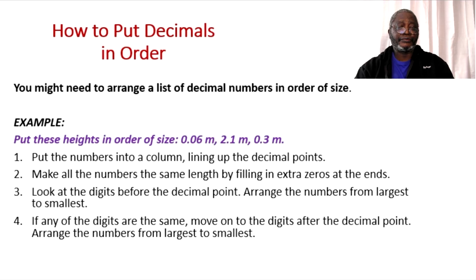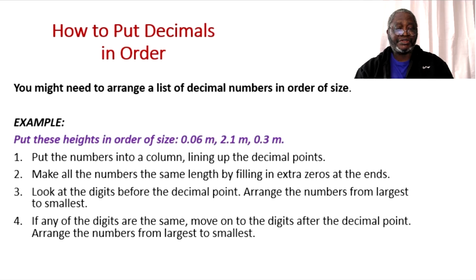Let's go through this. Put the numbers into a column, lining up the decimal points. Make all the numbers the same length by filling in extra zeros at the end. Look at the digits before the decimal points. Arrange the numbers from largest to smallest.